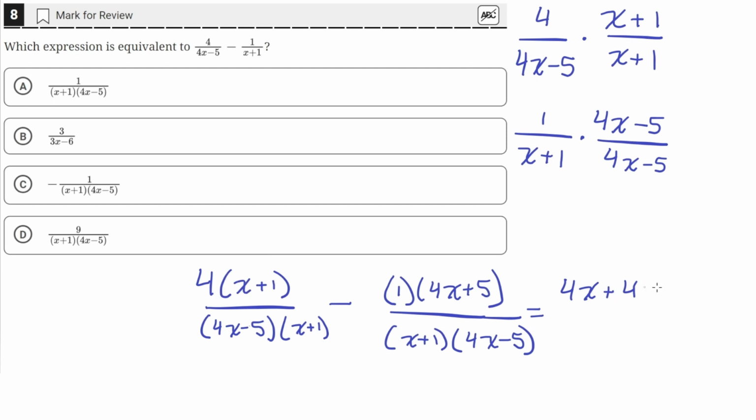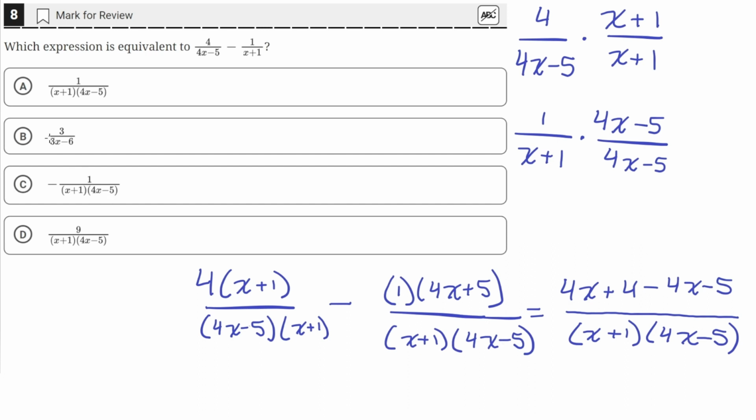And then we'll get minus 4x plus 5, since there's a minus sign here, and then 1 times anything is just that quantity, so we can just distribute this negative sign to the 4x and the negative 5. And then the denominator stays the same. It's just x plus 1 times 4x minus 5.